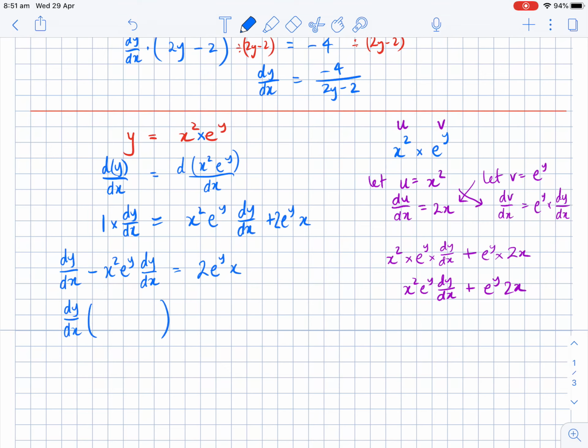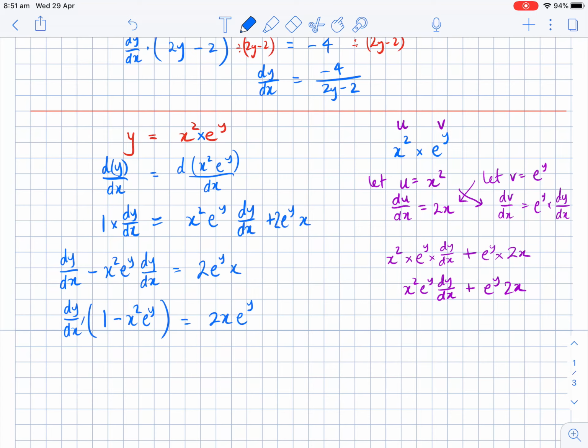So dy dx, I'm going to take out as a common factor, and I end up with 1 minus x squared e to the y. I'm going to actually put the x in front of the e to the y there, because I think that looks a little bit neater. Not required, but I just like it better.